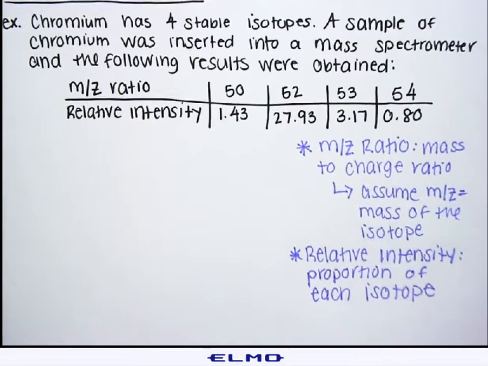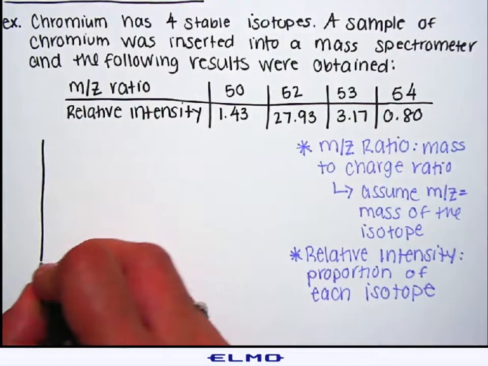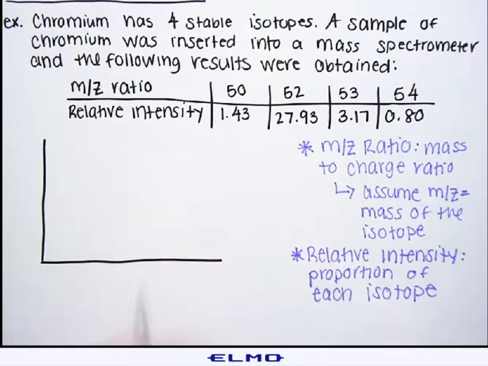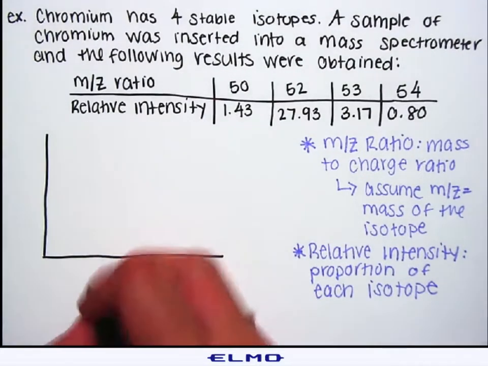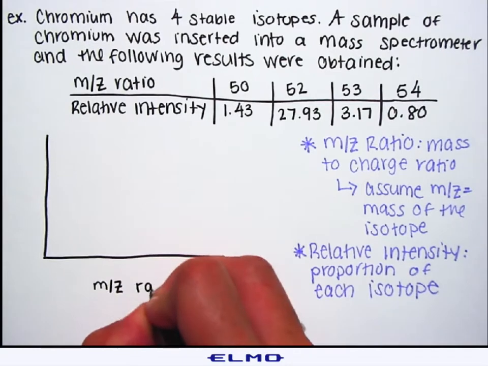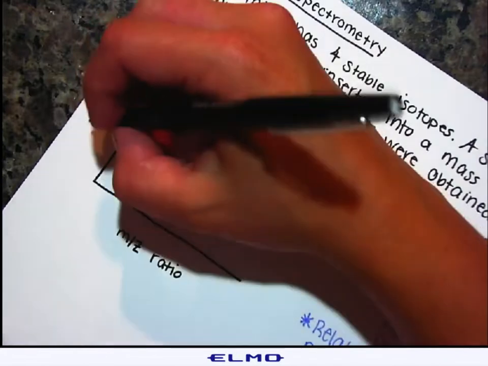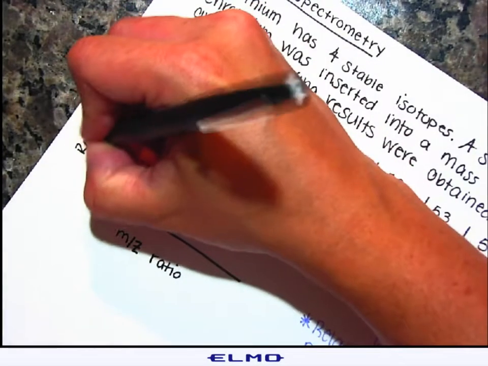That's what the M to Z ratio is, and that's what the relative intensity is. Sometimes you'll also be given a graph. Sometimes you will be asked to graph. When we are graphing, M to Z is always on the X, and relative intensity is going to be on the Y.